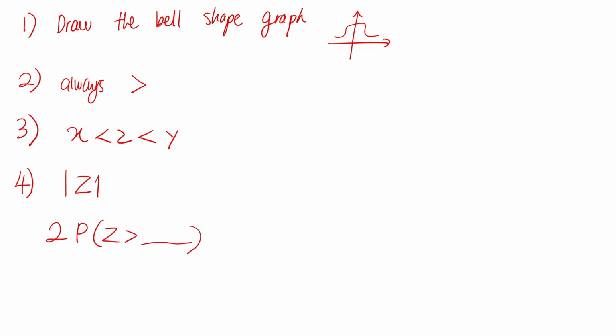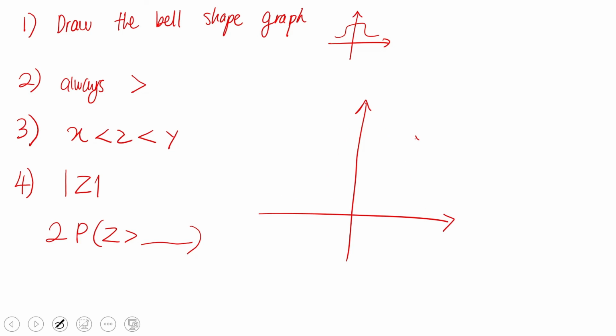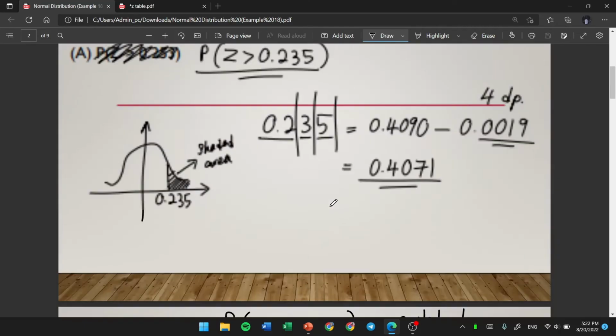But you draw the graph, remember, just draw out this bell graph, it's invincible. Once you draw out this bell graph, then you can do anything. You draw it out, then you shade correctly. Then you can start to solve. Okay, so I think that is all. Bye bye.